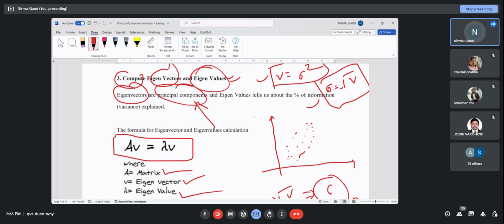And eigenvalue is, कितना करना है, how much if I'm going to project the data, how much information I'm going to get collecting from it, that is called as a variance. Okay, कितना मुझे information वहां से मिलेगा, how much variance is explained, that is called as an eigenvalue. Percentage of information explained, that is called as a variance, that is represented by eigenvalue.